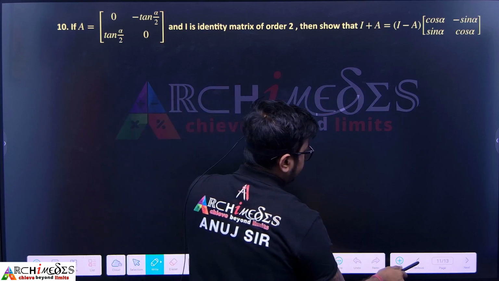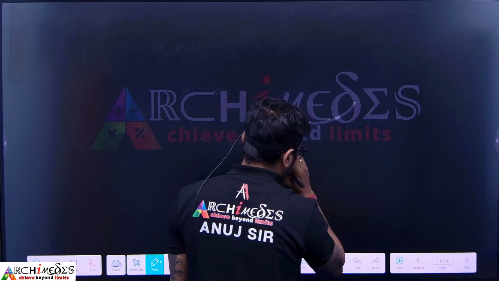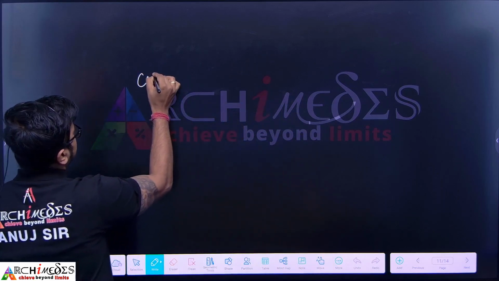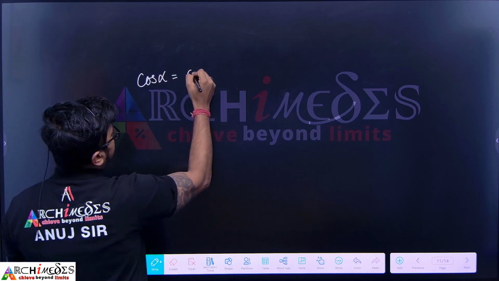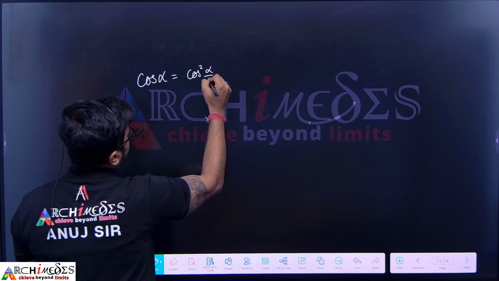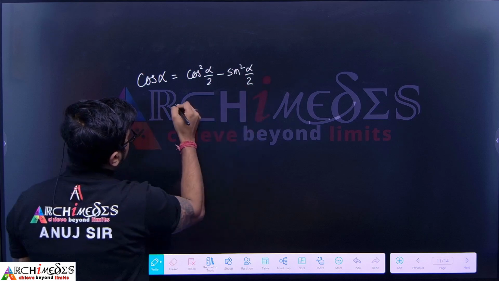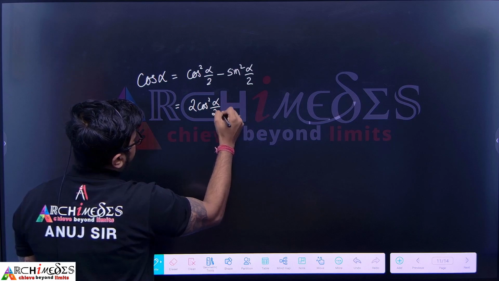First I will recall some class 11 formulas. There is a formula of cos alpha in submultiples. There are four formulas of cos alpha. One is cos square alpha by 2 minus sin square alpha by 2. Another one is 2 cos square alpha by 2 minus 1.